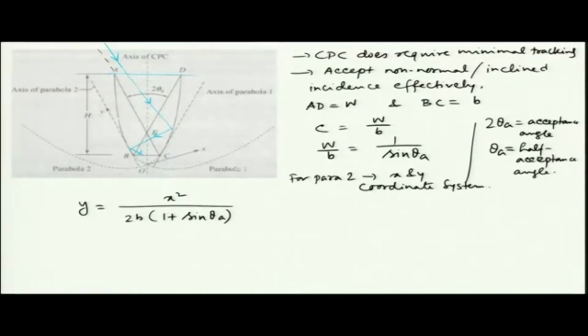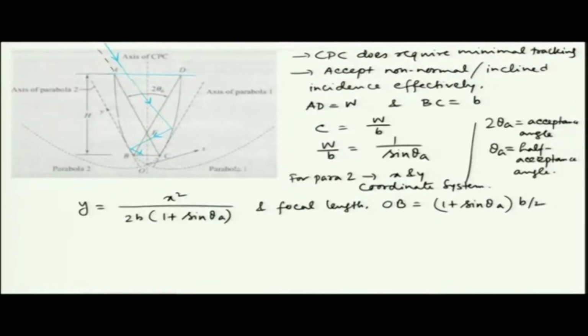Okay. And the focal length is OB. So, OB is 1 plus sin theta A multiplied by B by 2. So, this you can find.